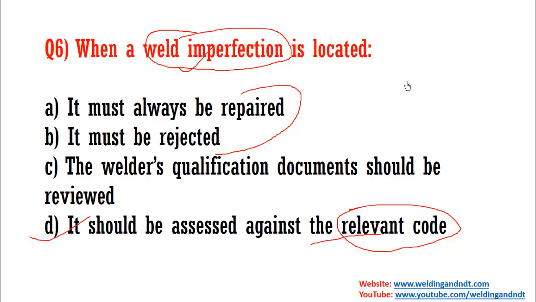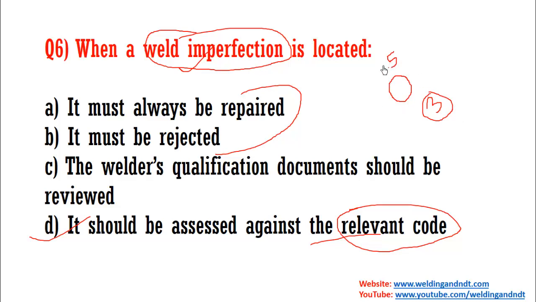Let me explain it a bit further. Suppose you detect a porosity of 0.5 mm dia, but your code says that any porosity with a dia of 3 mm is acceptable. Then in that case you will do nothing with this porosity, you will leave it as it is.